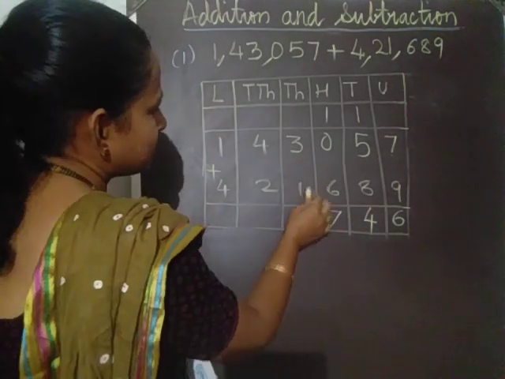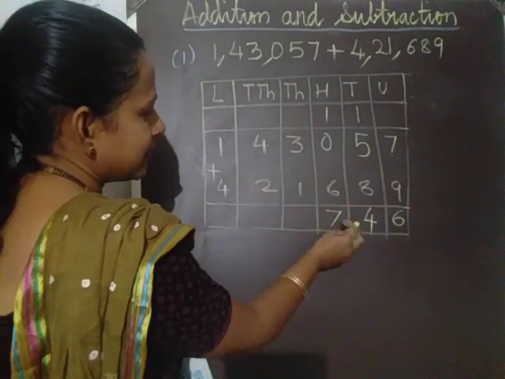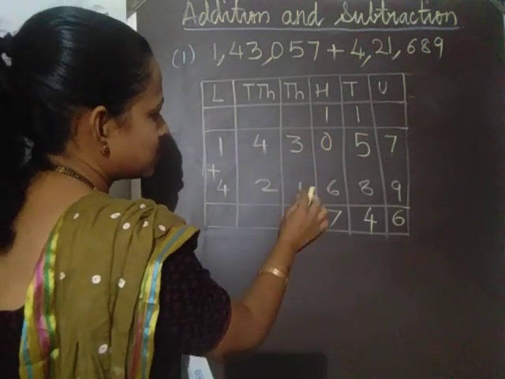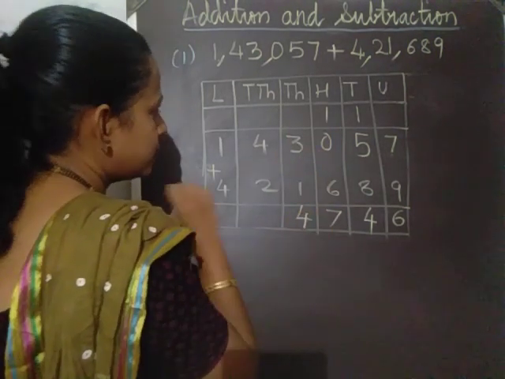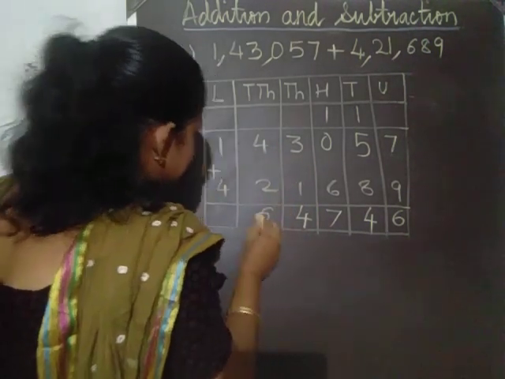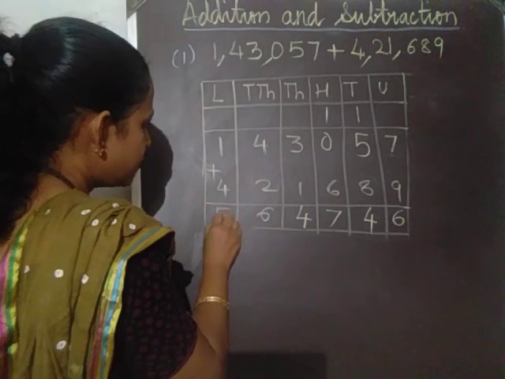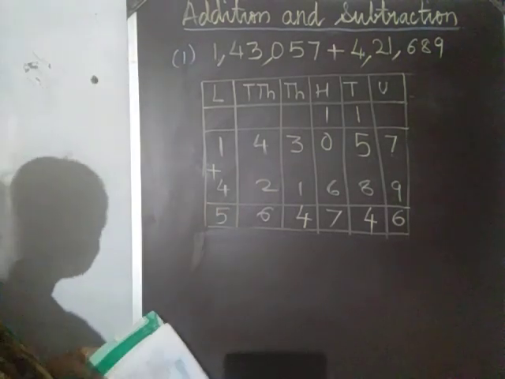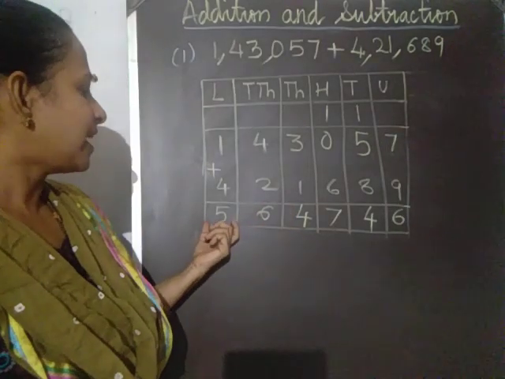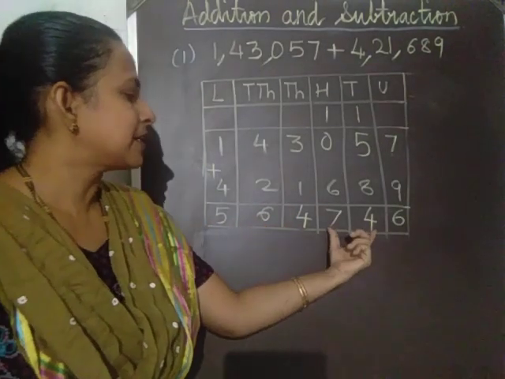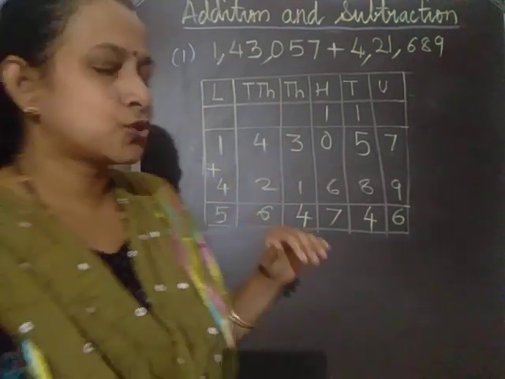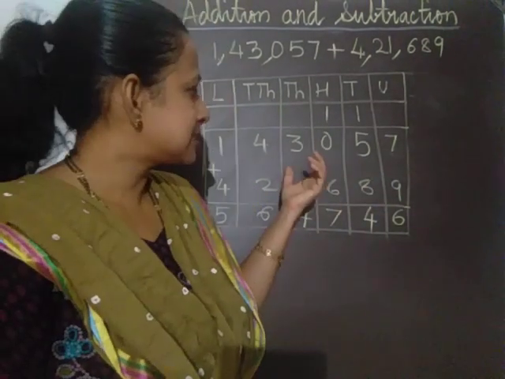Then 3 plus 1, there is nothing carried here because 7 is a unit number, that is why nothing is carried here. So 3 plus 1 is equal to 4. 4 plus 2 is equal to 6, and 1 plus 4 is equal to 5. So this is the answer of the addition of these two numbers, that is 5,64,746. So this is how we are supposed to add the 6-digit numbers.